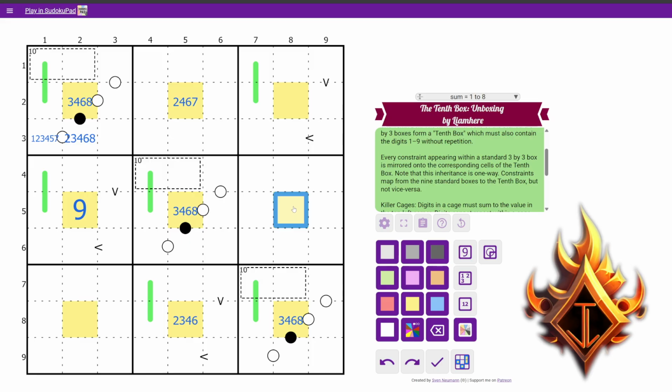This cannot be 1. Alright, and this one cannot be 1 either. It has to be greater. This cannot be 1 because it's sitting in the middle of a consecutive, and this one cannot be 1 because it needs to be greater than that one. So this has to be 1.